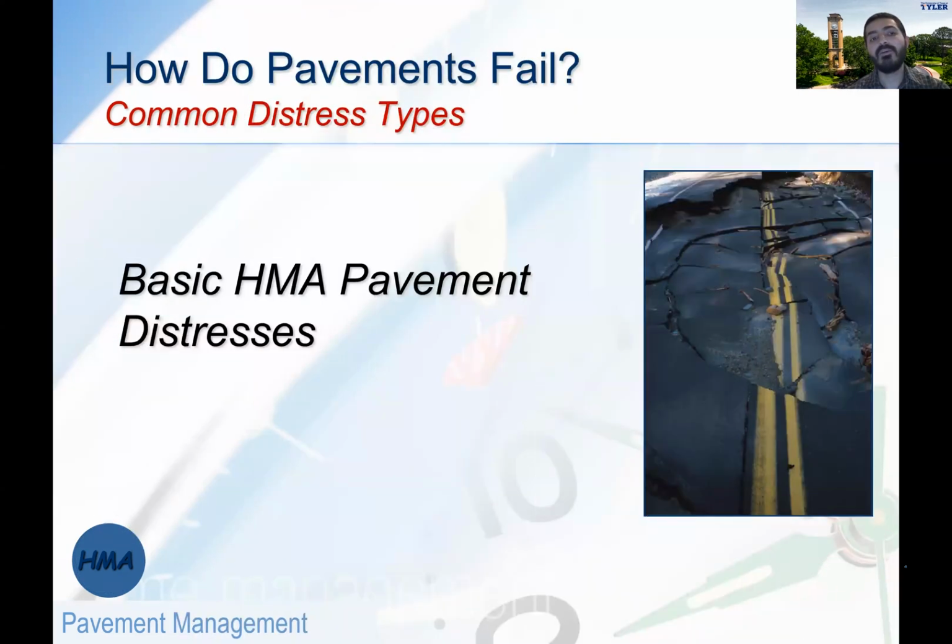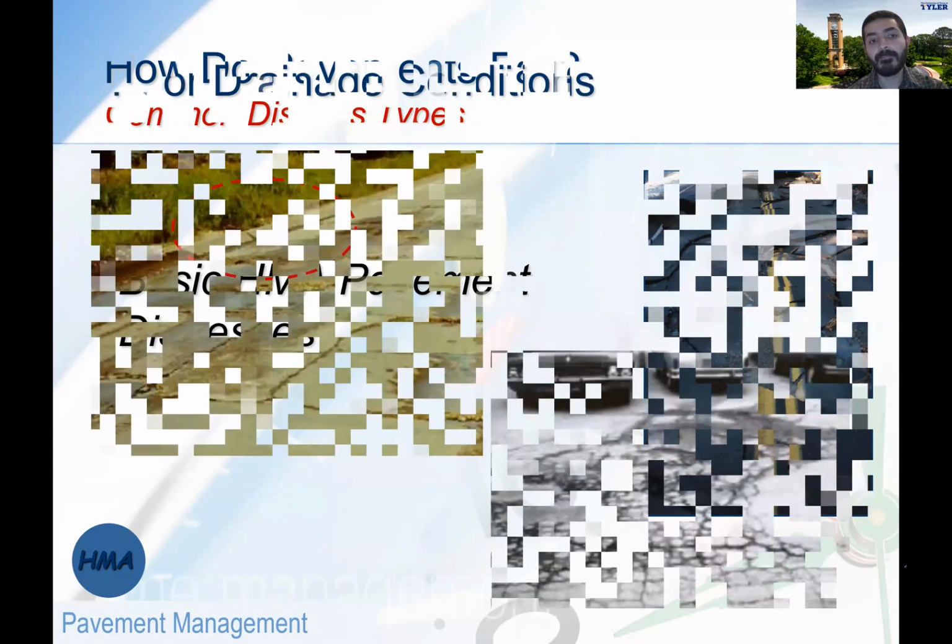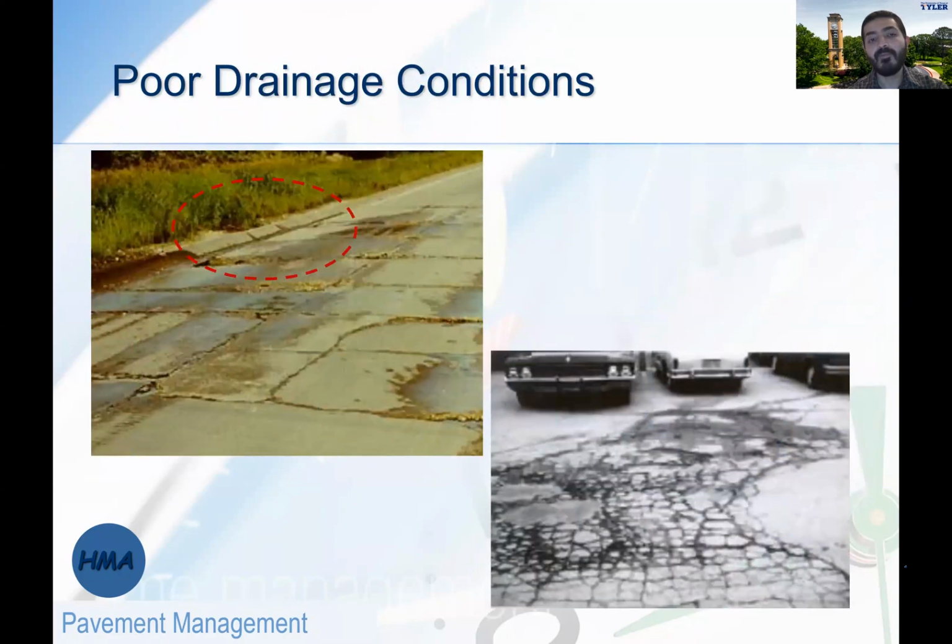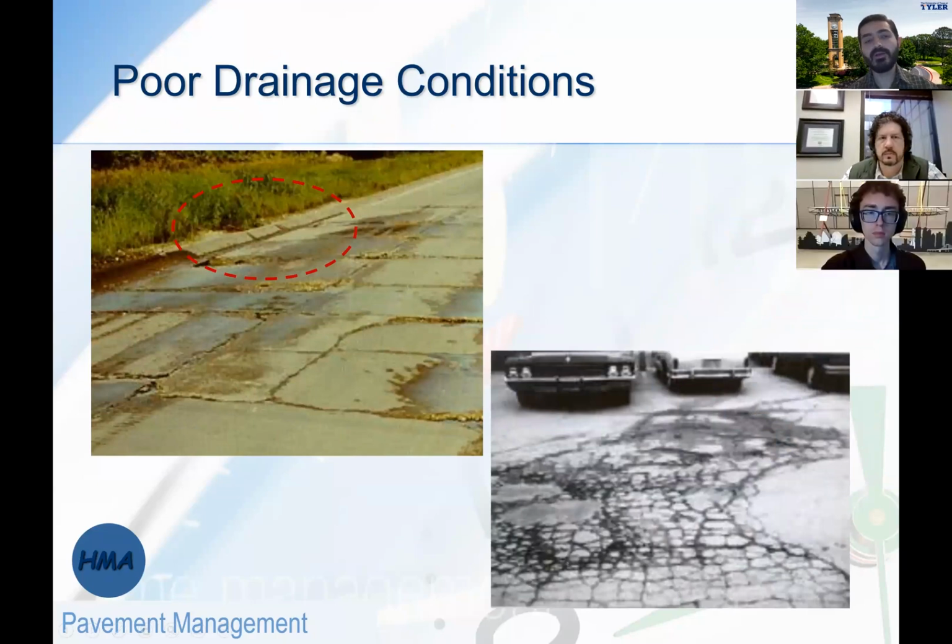All right, so what are the basic HMA pavement distresses that we see? One of the major enemies of any flexible pavement structure is actually drainage and water. Water is enemy number one for any pavement structure.